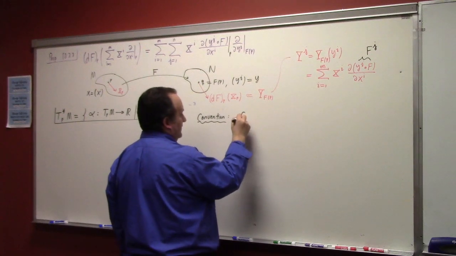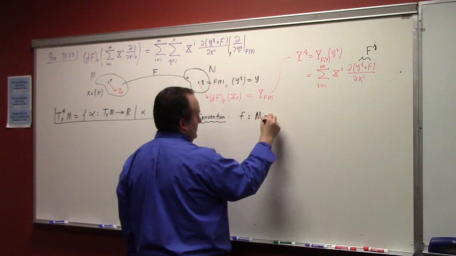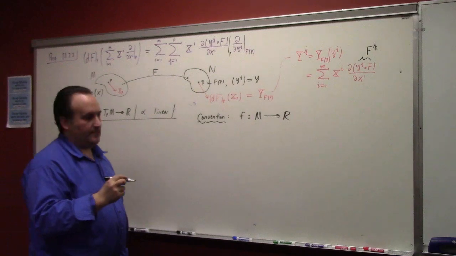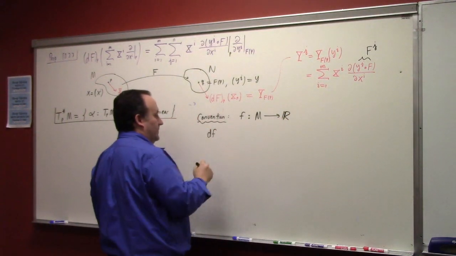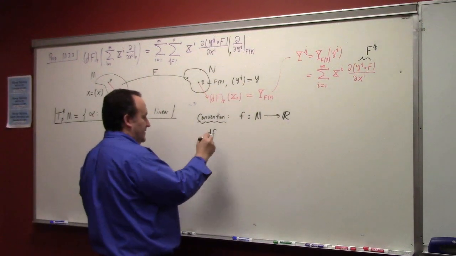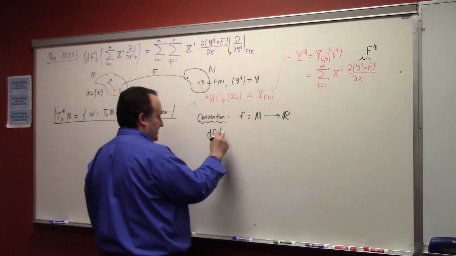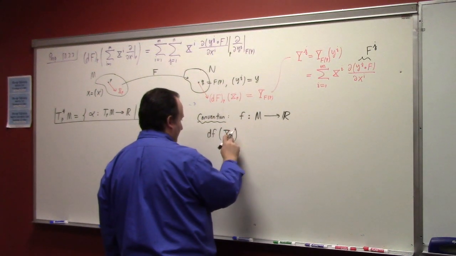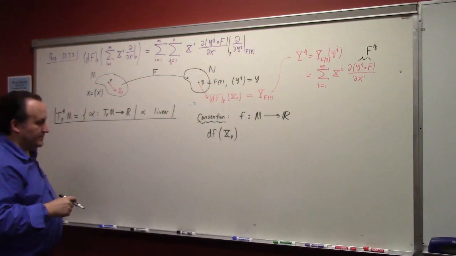So if we have f is a mapping from, say, the manifold to the reals, and then we talk about df. Well, df acting on what? Acting on a derivation, right? What's it defined to be here?